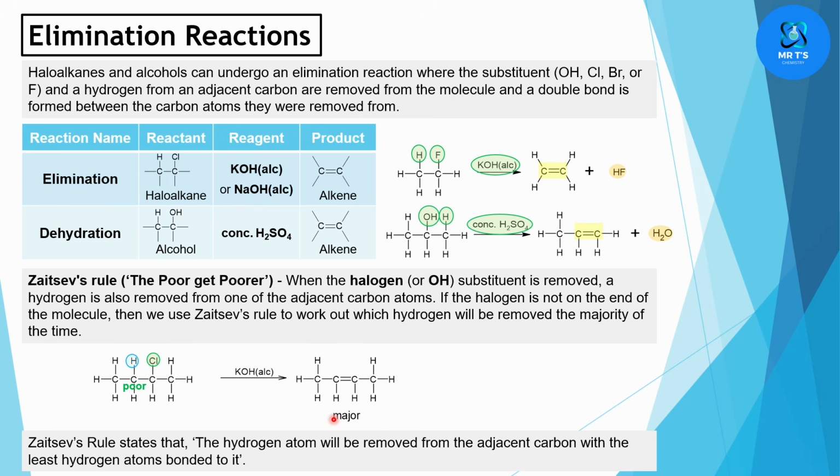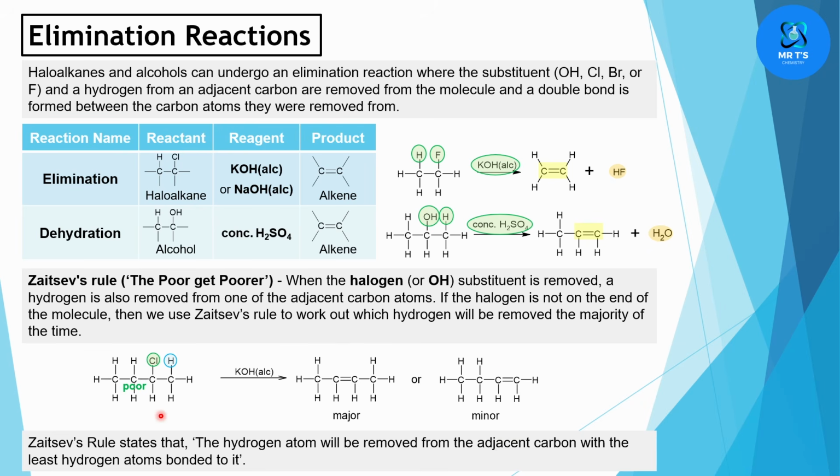Now remember, because there are 2 options, there is this poor option on the left-hand side where there's only 2 hydrogens attached, or there's the one on the right-hand side where there's 3 hydrogens attached, the rich one. This one happens less often and produces the minor product.